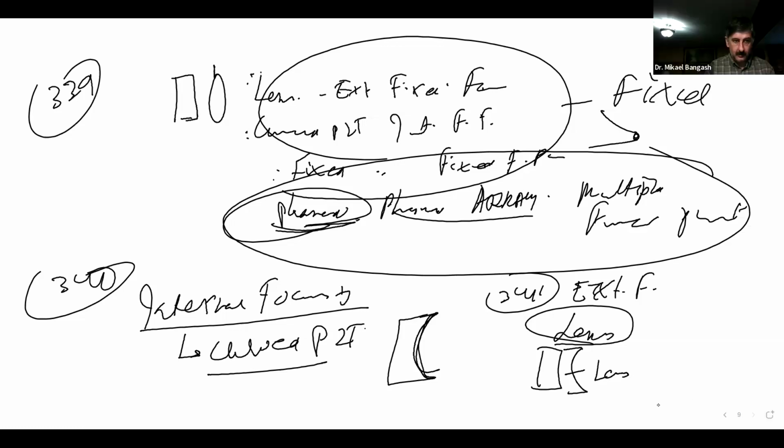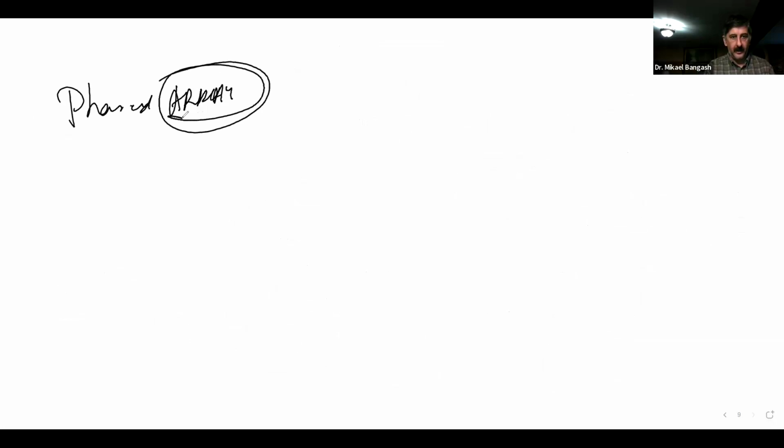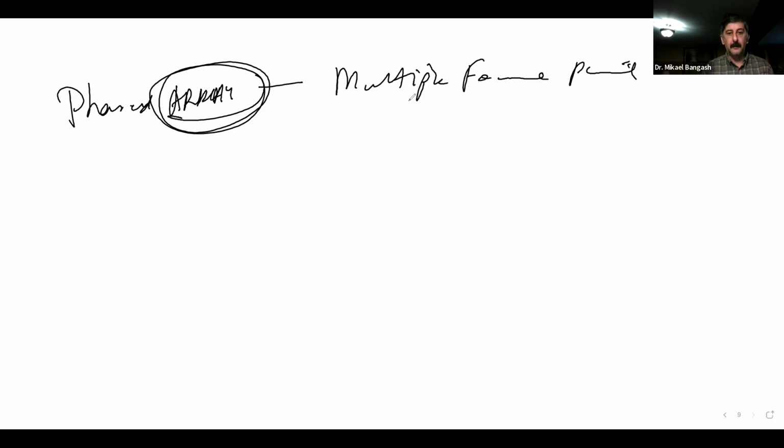Now, question 342. Which of the following terms means adjustable focusing or multifocusing? That's why I say it's phased array, where the word array means multiple focal points, or able to focus at multiple depths.